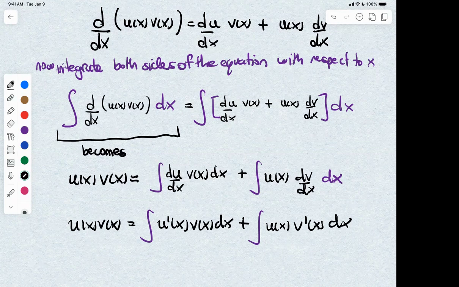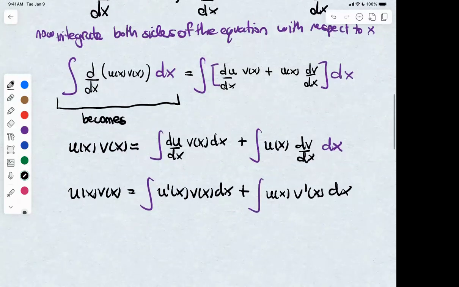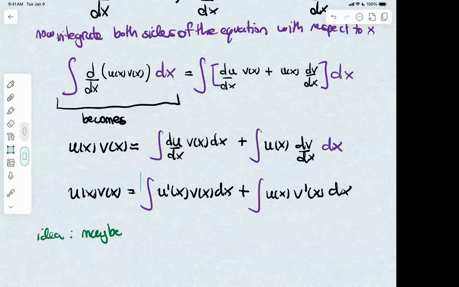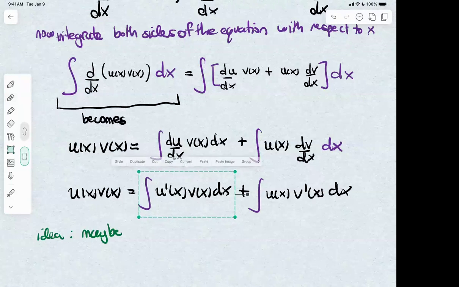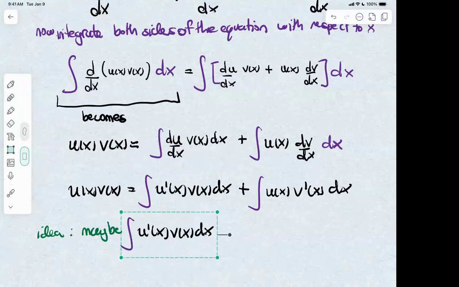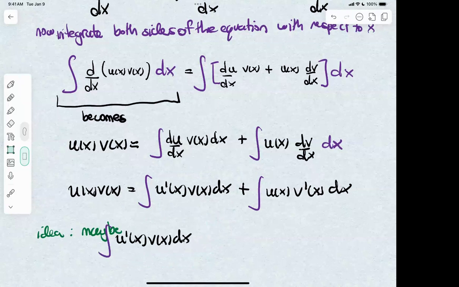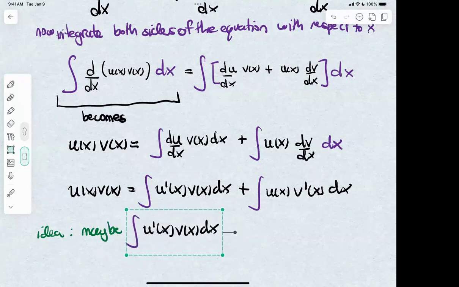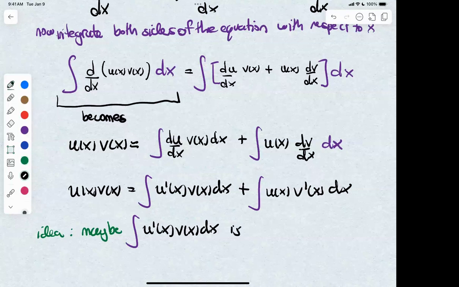So the idea is that, let's say the first one, because that's the usual convention, maybe the first integral is easy or easier.